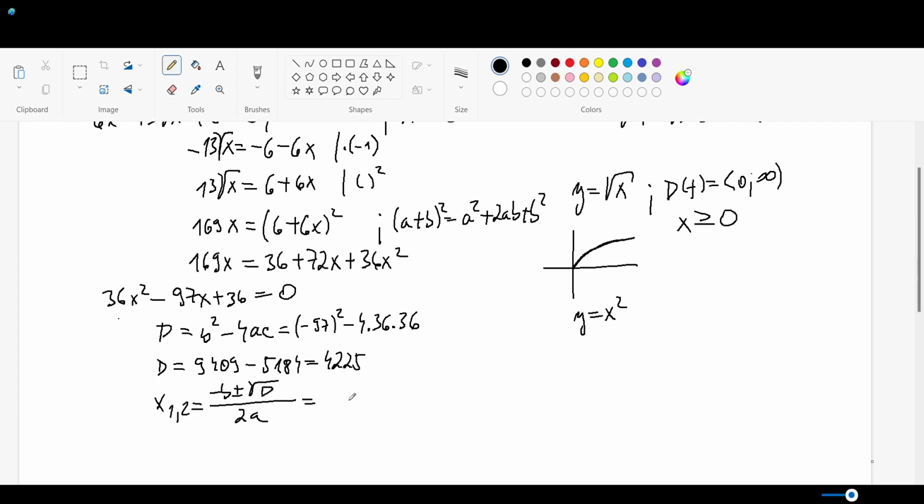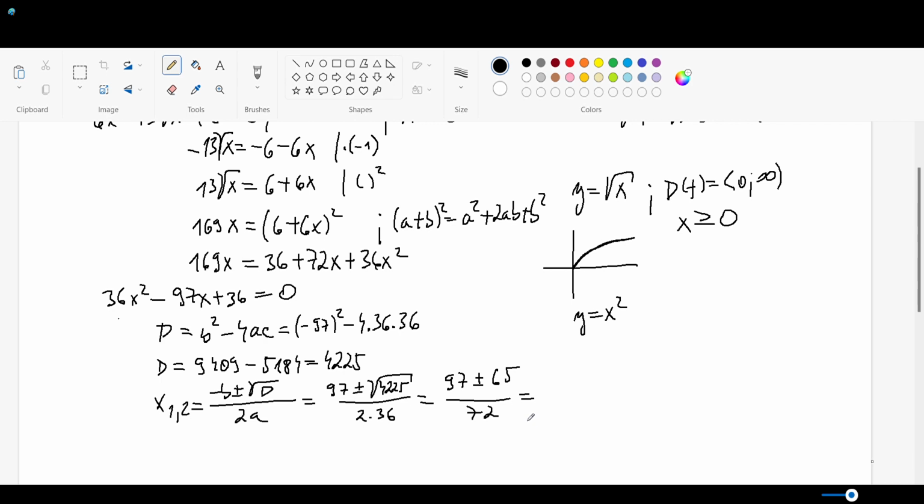So now our roots x1, x2 are equal to negative b plus minus square root of the discriminant over 2a, and this is equal to 97 plus minus square root of 4,225 over 2 times 36. And now comes the surprise: the square root of 4,225 is equal to 65, a very nice number, divided by 72.